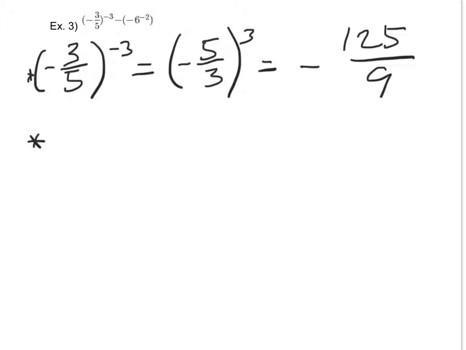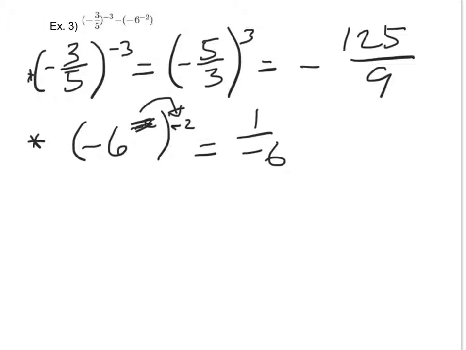The second part, we have minus 6 to the minus 2. Now the minus 2, well, let's pretend it's outside the parentheses here. Okay, so imagine it's not here, but here. So that's going to be 1 over minus 6 to the power of 2, which is 1/36.